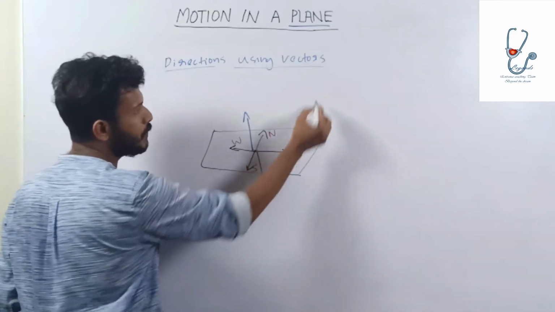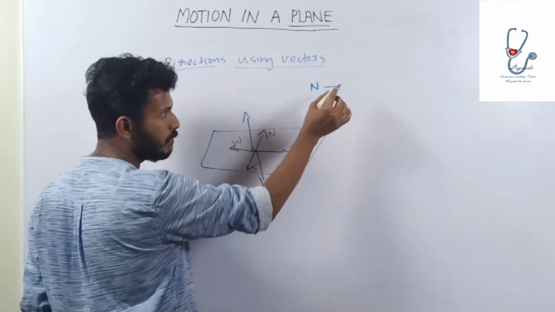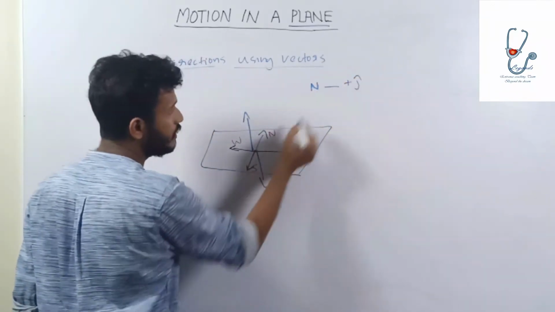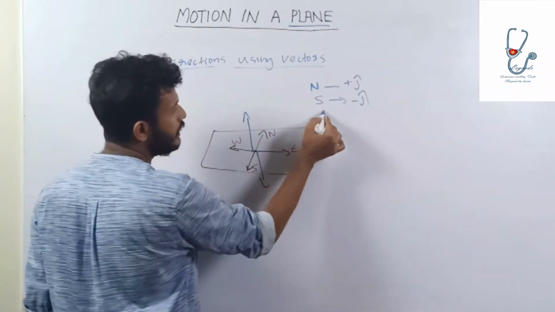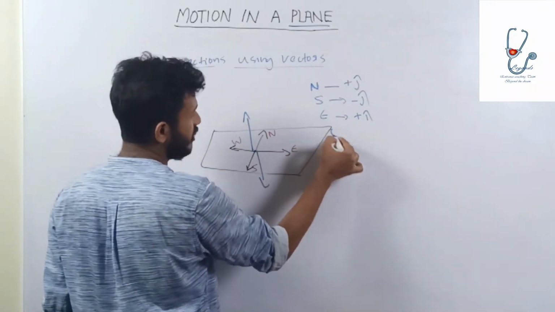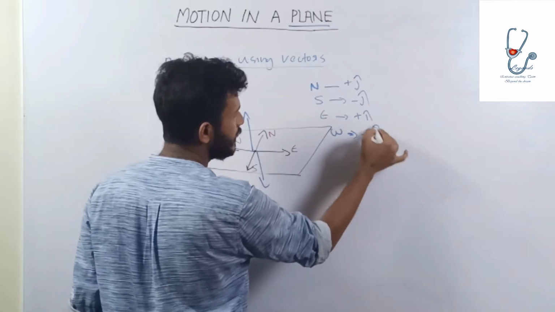North can be represented by plus j cap, and south by minus j cap, east by plus i cap, and west by minus i cap.